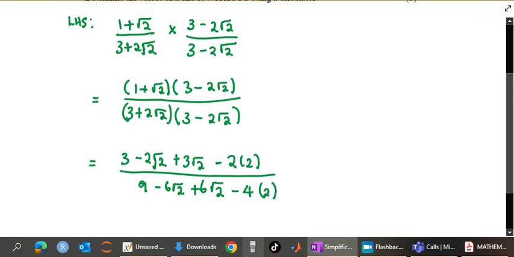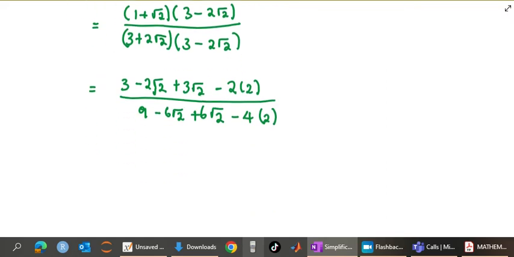Okay, so you see now these two cancel, this one and this one cancel. So here you have 3, it becomes 3. So this one minus this one plus this one, we have plus a square root of 2 minus 4.